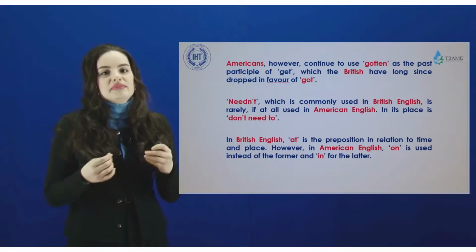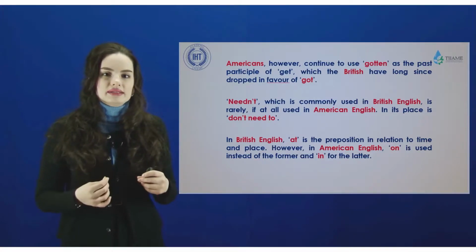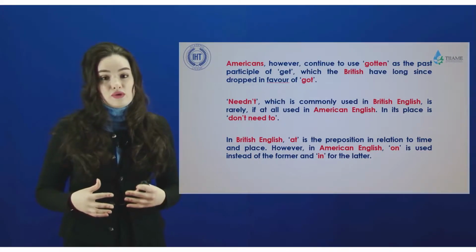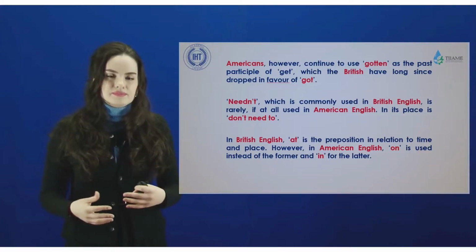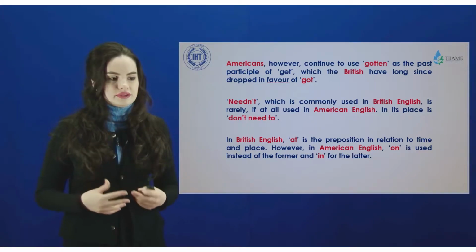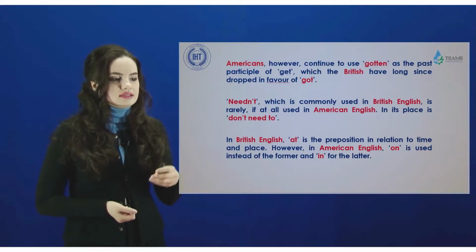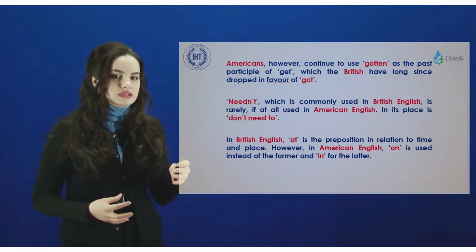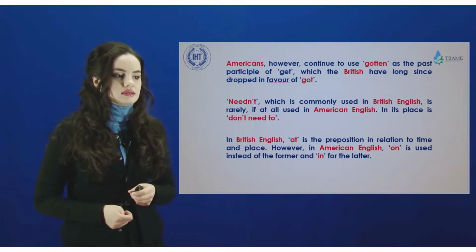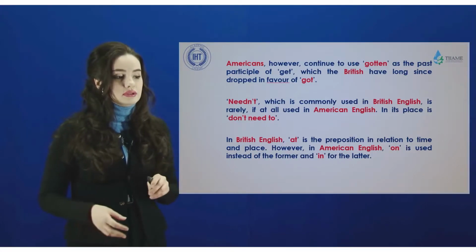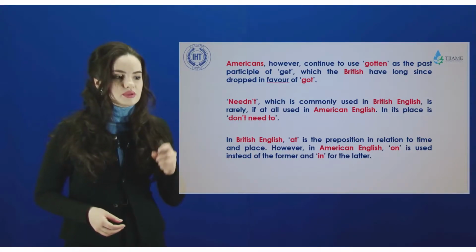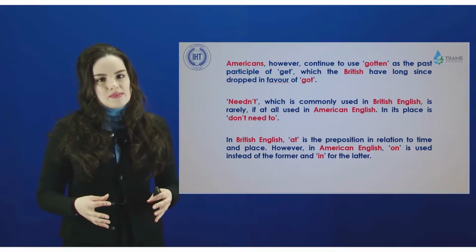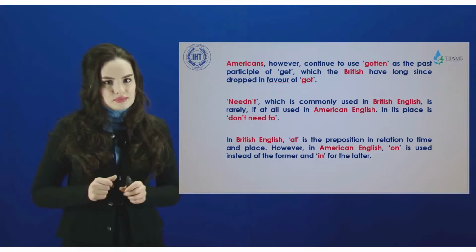Well, after that is needn't or don't need to. Actually, the meaning is the same, but the way of pronunciation, the way of saying, the way of organizing their sentences is quite different. So, at is typical for British, but American English is just focused on in as a preposition when we talk about place, about location at some particular place.